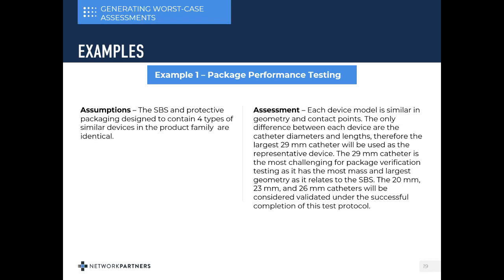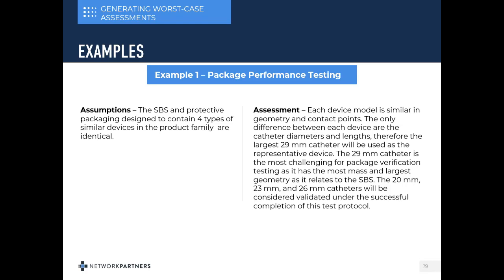So the assessment is each device model is similar in geometry and contact points. The only difference between each device is the catheter diameters and lengths. Therefore, the largest 29mm catheter will be used as a representative device. The 29mm catheter is the most challenging for package verification testing as it has the most mass and largest geometry as it relates to the sterile barrier system.